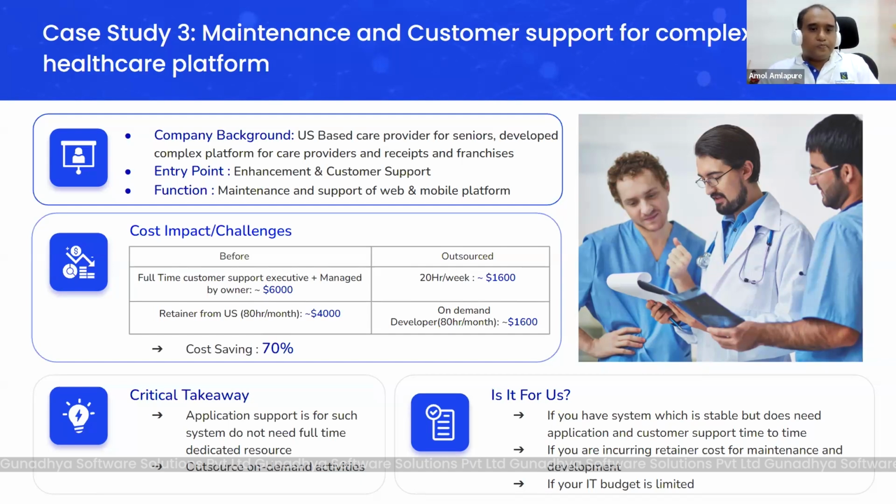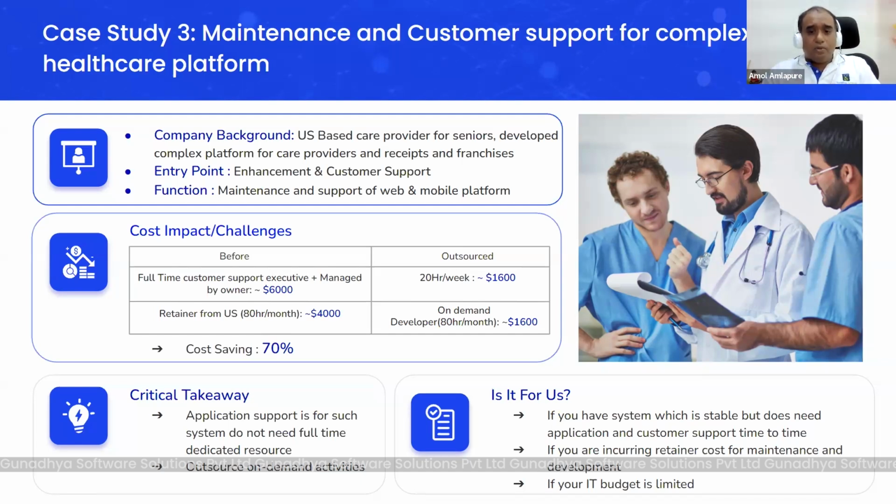Also, you can outsource the enhancement work on demand, in phases, instead of having a full-time developer on the payroll. If you can think out a plan and your outsourcing partner is accommodating, then I think you can always work on a win-win situation for both of you, and avoid the AMC or retainer for a stable system like this.